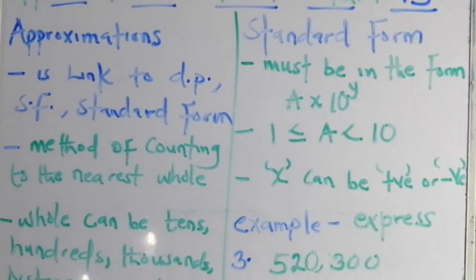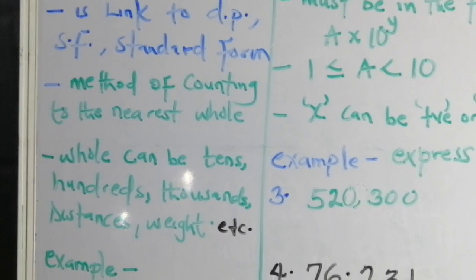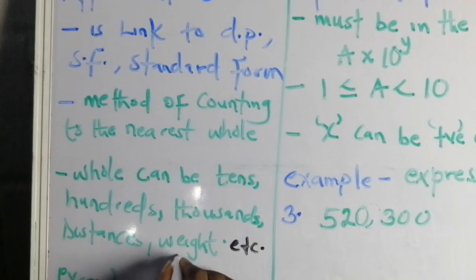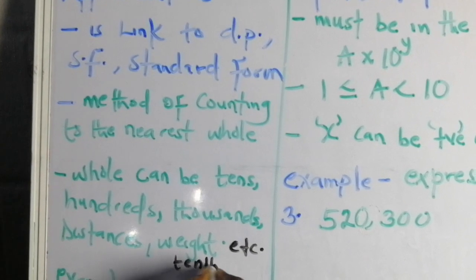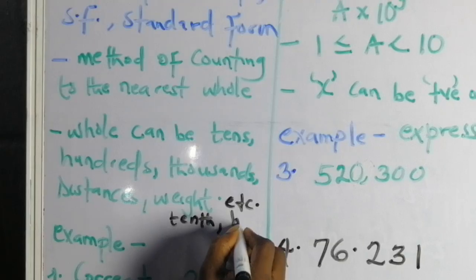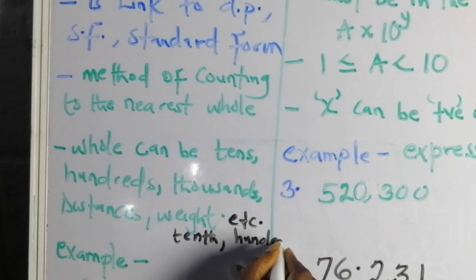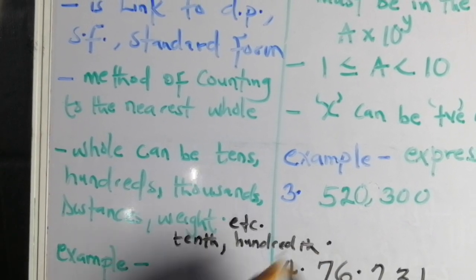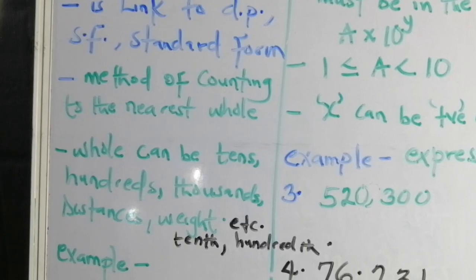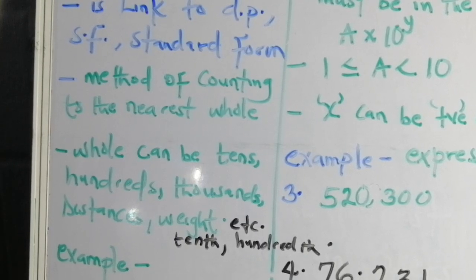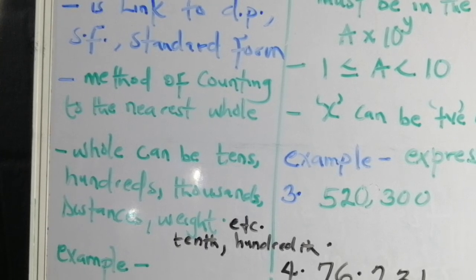It means you can have tenths, you can have hundreds. You understand now? That's the meaning of etc, that is, and so on. So tens, hundred, thousand, distance, and width.